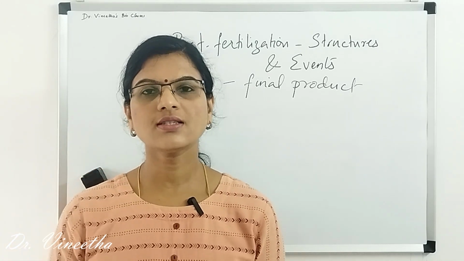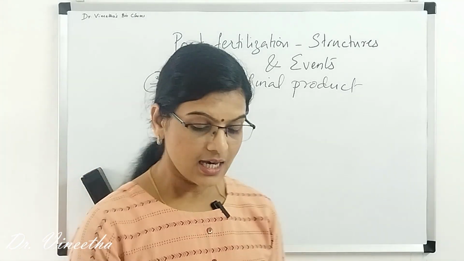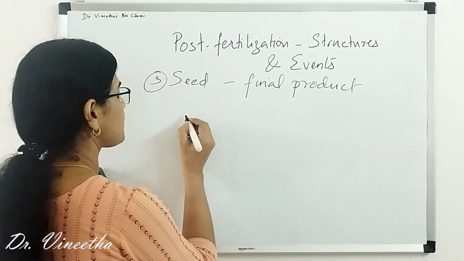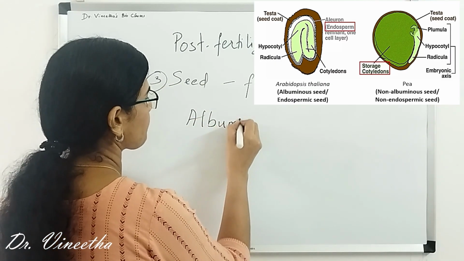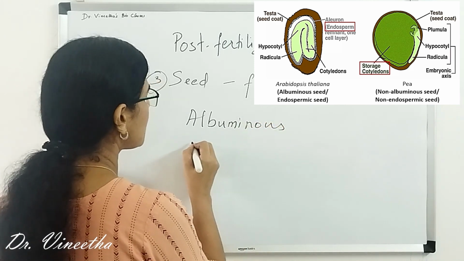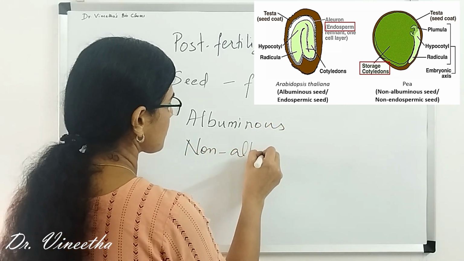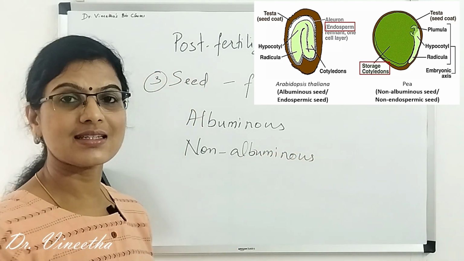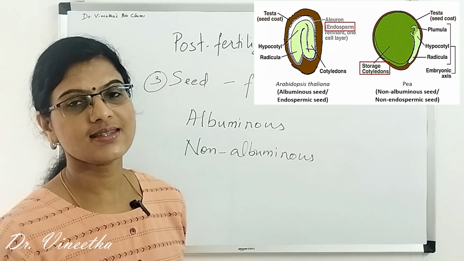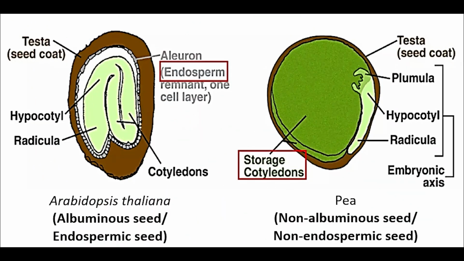The mature seeds can be of two types. It can be either albuminous or non-albuminous. The non-albuminous seeds can also be called ex-albuminous seeds. In the albuminous seeds, they retain the endosperm.